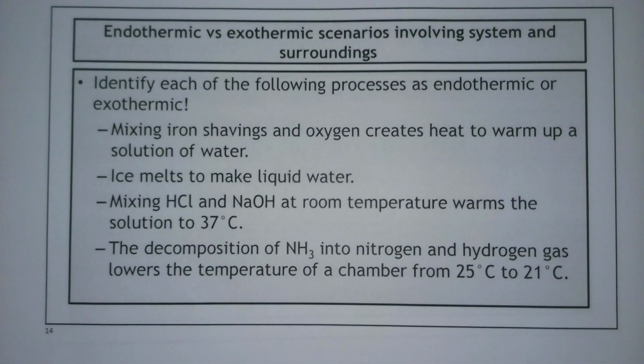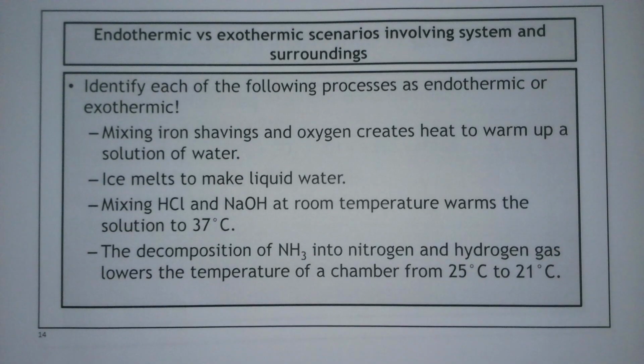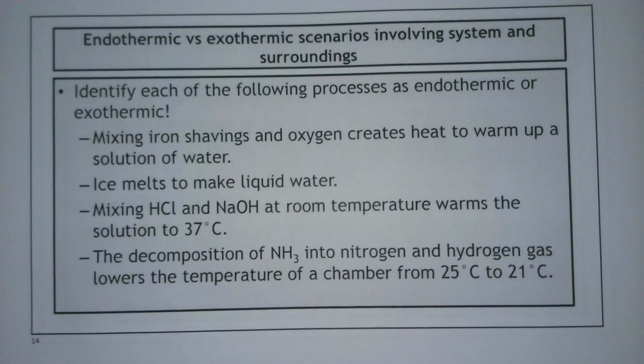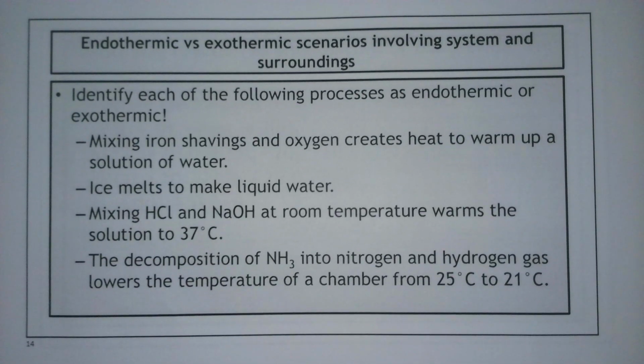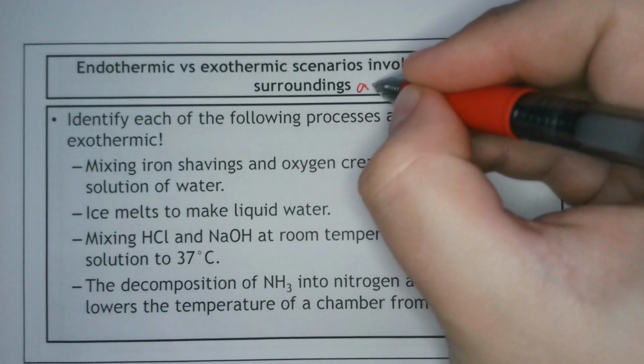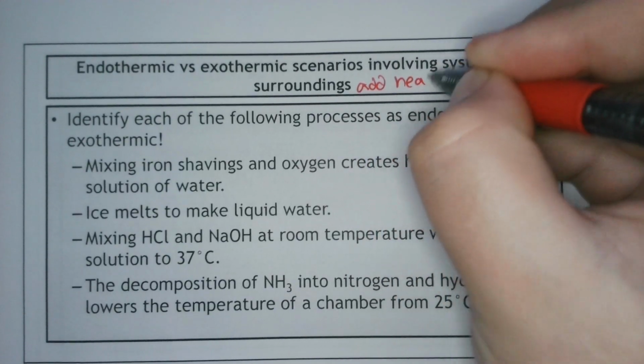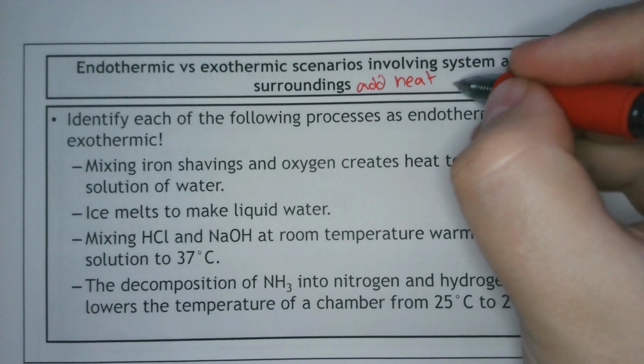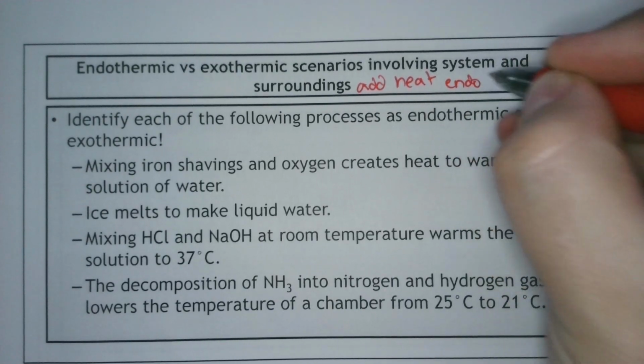All right. So, next question. Identify each of the following processes as endothermic or exothermic. There's a couple different ways to think about it, and it gets confusing depending on how you have to think about it. My preferred way is if I have to add heat to make the change occur, then I have an endothermic reaction.